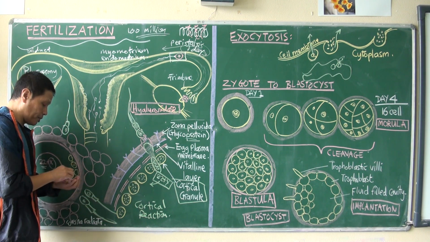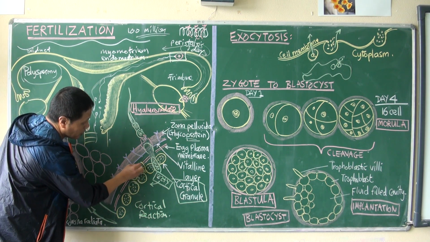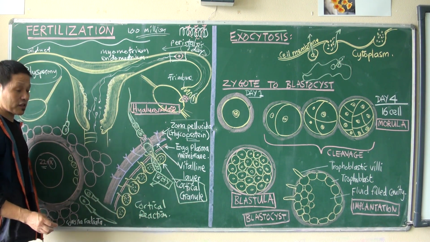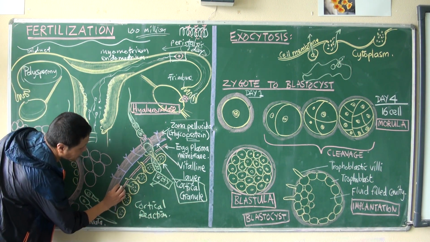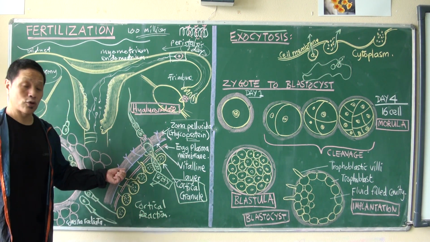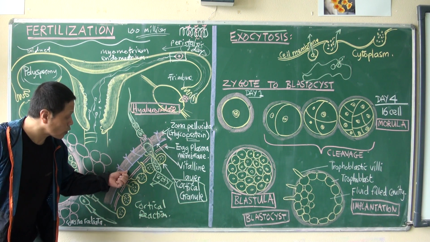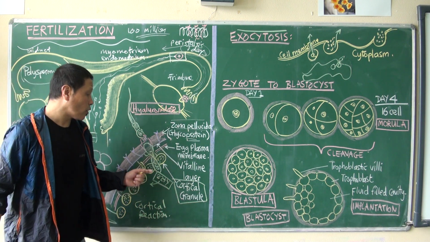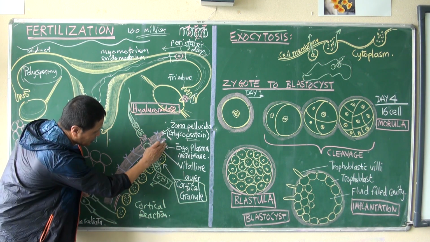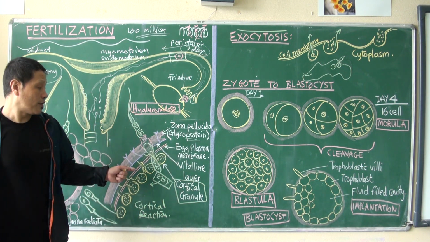Okay, and we have these substances that are released by the cortical granules, and there is a tiny space in between the plasma membrane and the zona pellucida. Just under the zona pellucida, you find what's called the vitelline layer, and in between you find a tiny space.